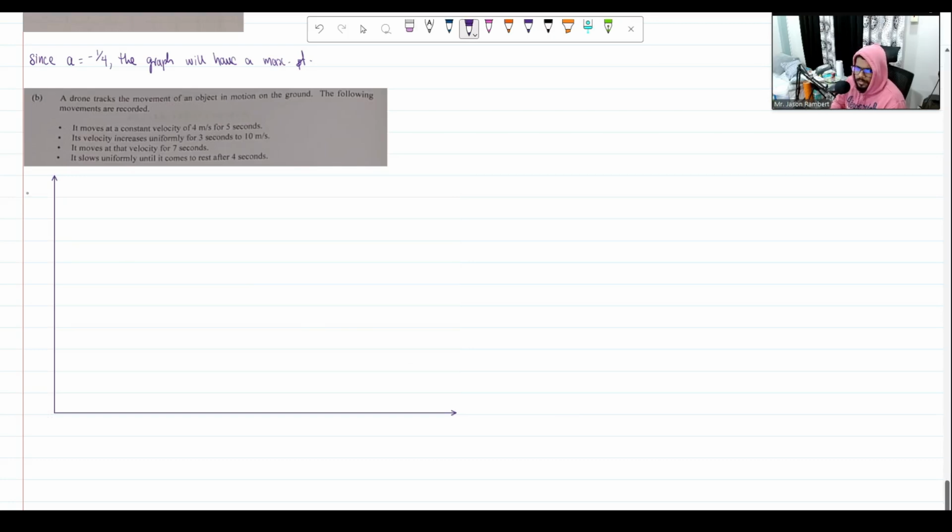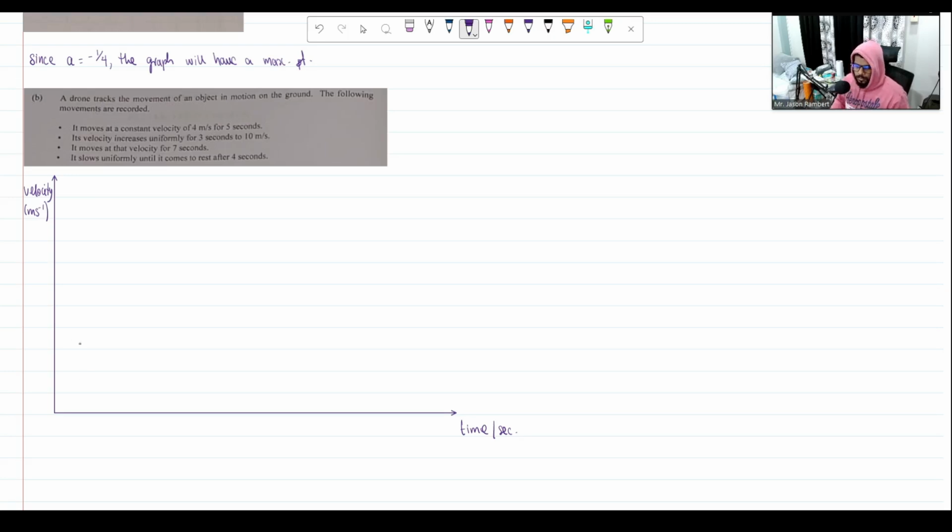This is velocity in meters per second, and this is time in seconds. The following movements are recorded. It moves at a constant velocity of 4 meters per second for 5 seconds.